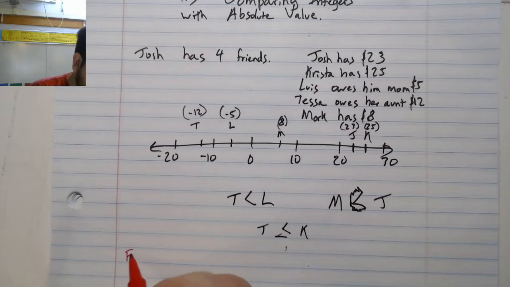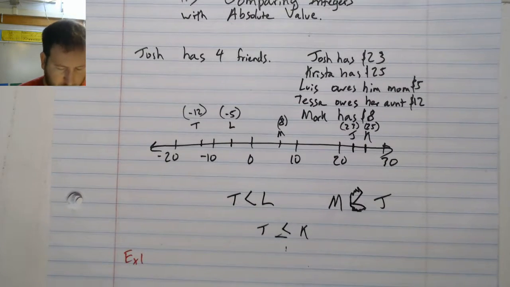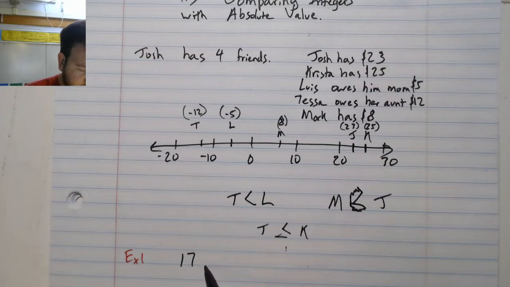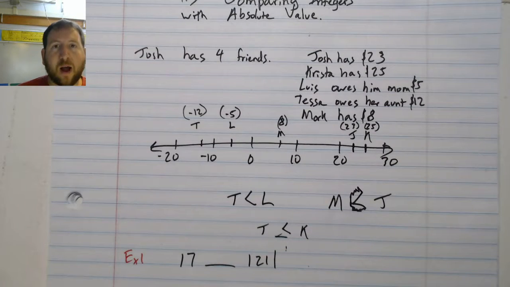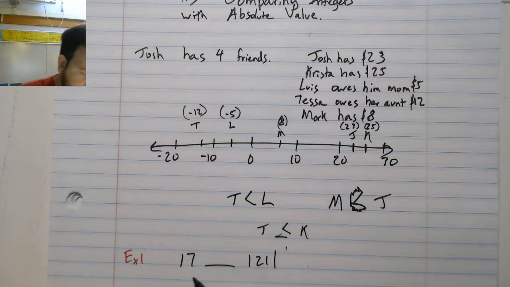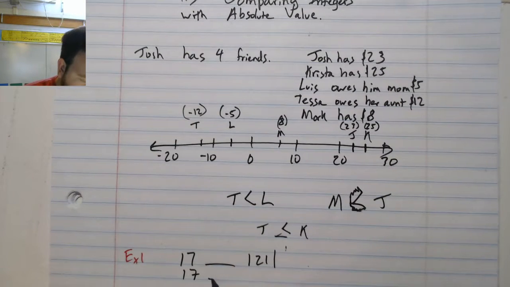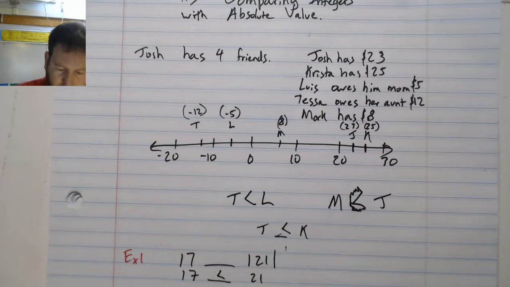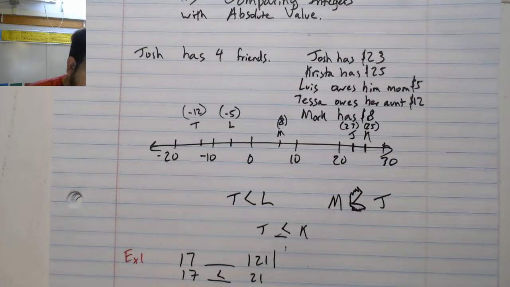Example 1, if I'm going to compare these two numbers, I have 17 and the absolute value of 21. Now, I remember absolute value just turns it into a positive. It doesn't make it opposite. So that means this really is 17 and 21. And 21 is pretty clearly bigger than 17. Okay? Let's take a look at example 2.